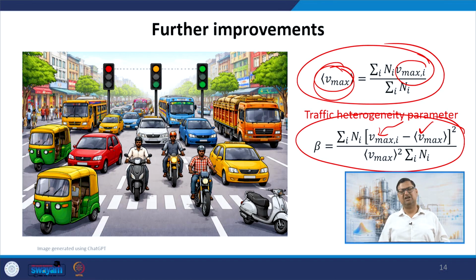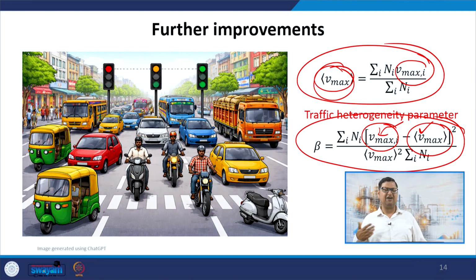So in that case the beta will go to 0. But if there are larger deviations of the maximum velocity from the average, the beta is going to go up, and we may have ways to account for the traffic density and the traffic heterogeneity parameter beta as well, right? So one can keep on going and have more and more improved models rather than giving up in the very first step.